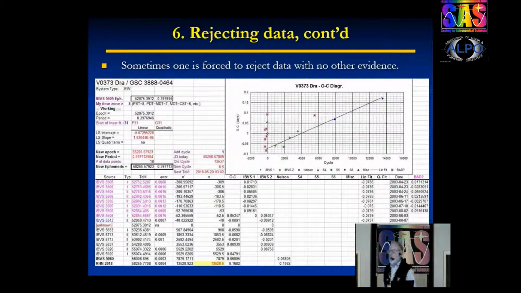Then when you come to O minus C curves, I mean, look at the stuff on the left. It's horrible. And that's in IBVS. And that's quoted to 4 decimals. Presumably it's CCD. I don't know where it's coming from. Usually when I'm plotting these things and I see that sort of nonsense, I go back and check that I get the right star.